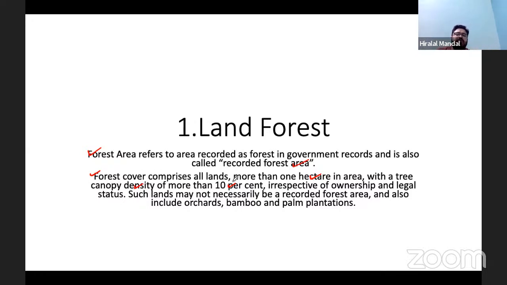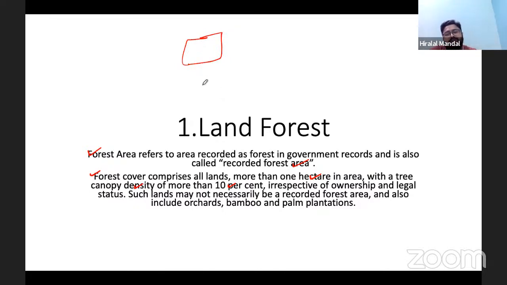Forest area is the dense forest, which is categorized as forest. Forest cover is something where you don't see the tree canopy so much. The trees are sporadic in nature. If in at least a hectare of land the tree canopy is spread over more than 10% of the land, it can be regarded as forest cover.